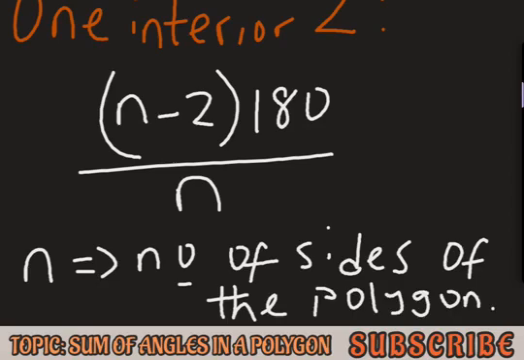So that is the expression for the sum of the interior angles of a polygon, as well as the value of one of the interior angles of a polygon.